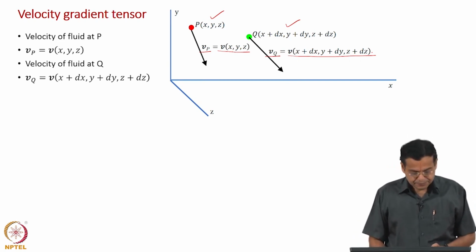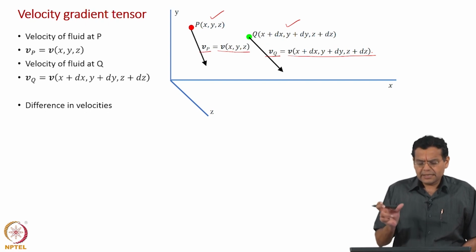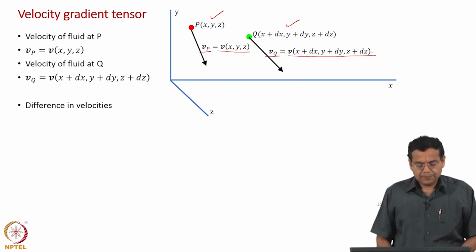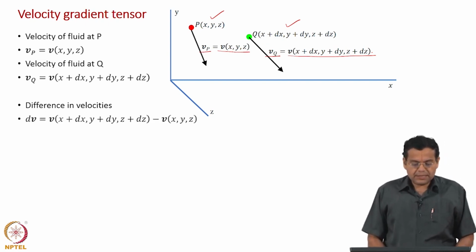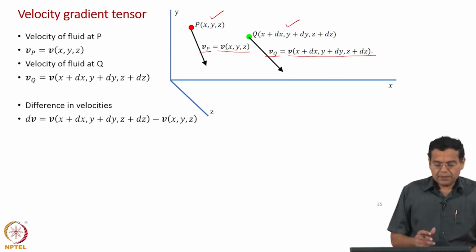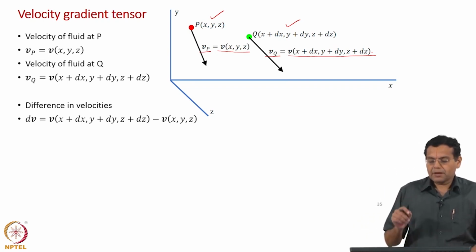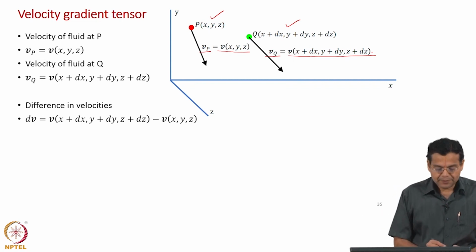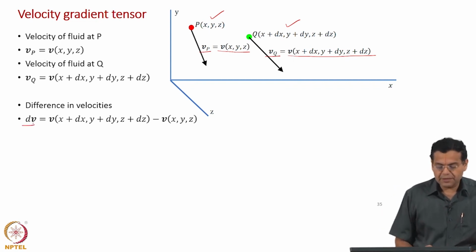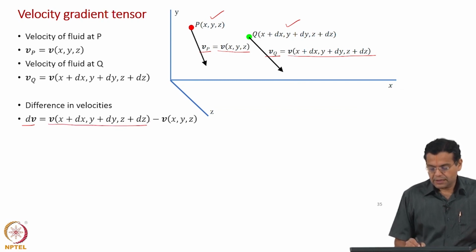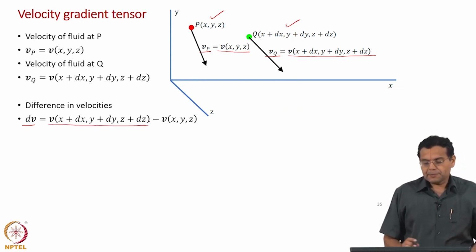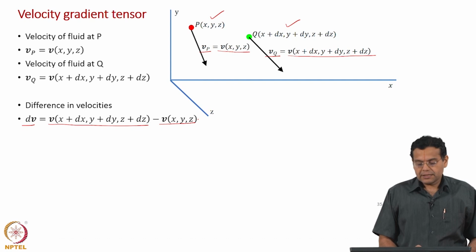Now, let us look at the difference in velocities between the two neighboring points, which we denote as the dV vector. So, it is the velocity at x plus dx, y plus dy, z plus dz minus the velocity at x, y, z.